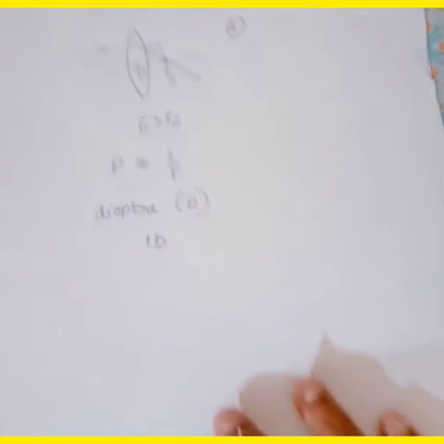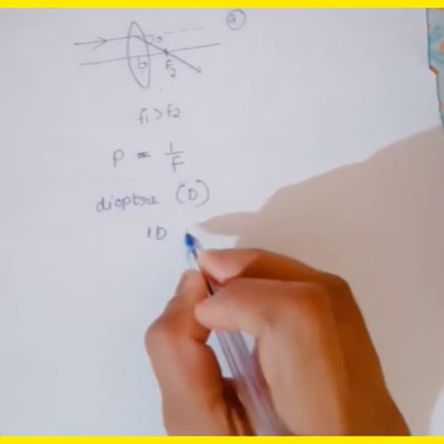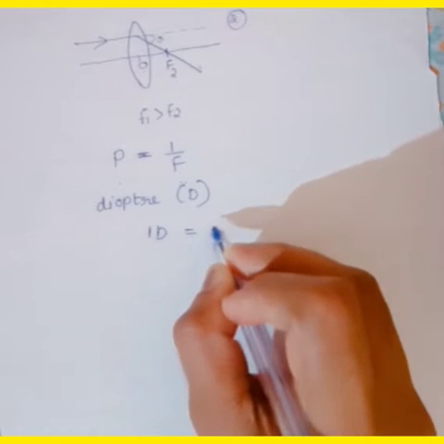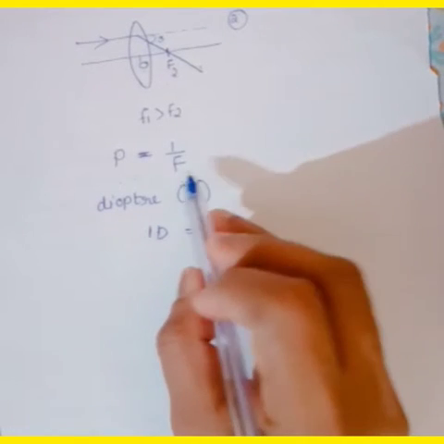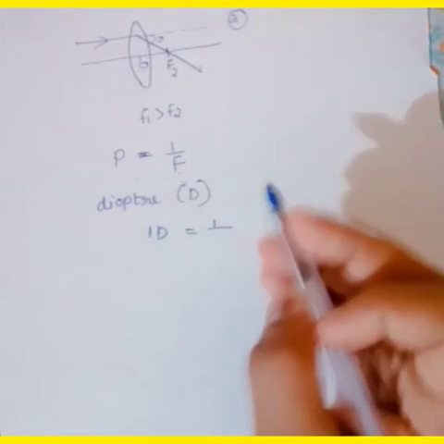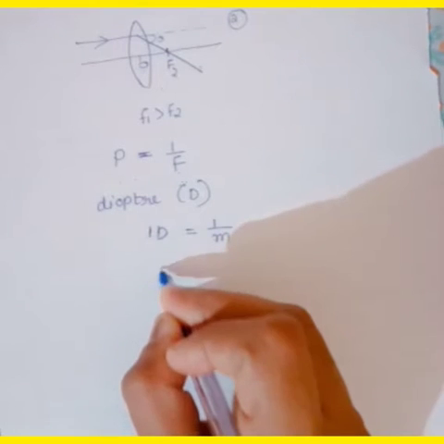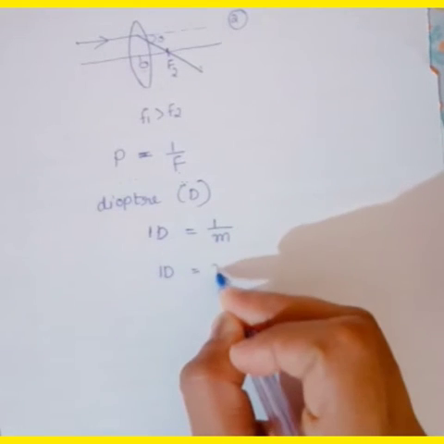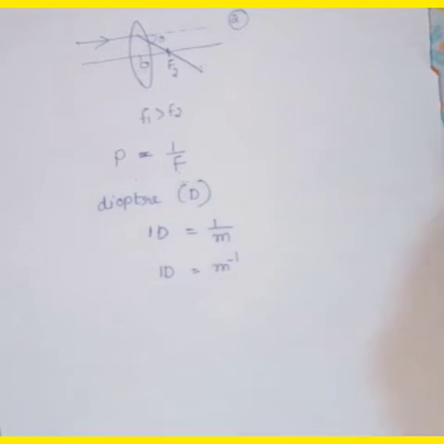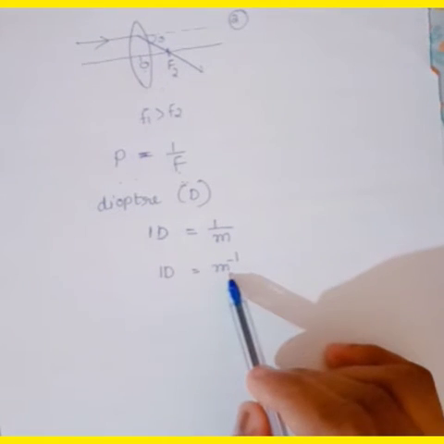One diopter is equal to 1 divided by the SI unit of focal length, which is the meter. So 1 diopter is equal to meter raised to minus 1. 1 diopter is the power of a lens whose focal length is 1 meter.